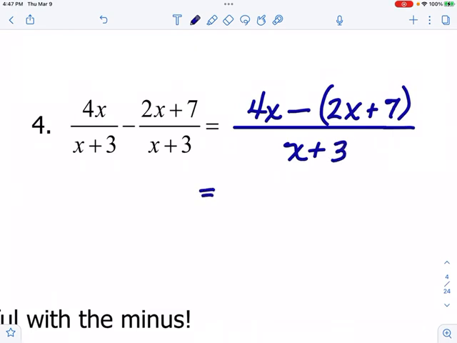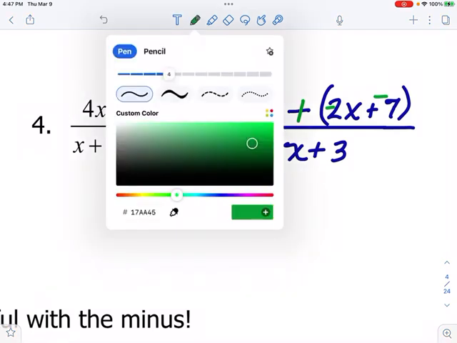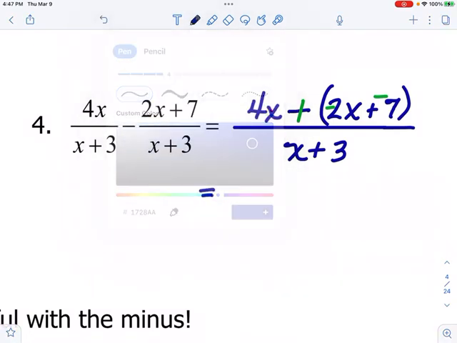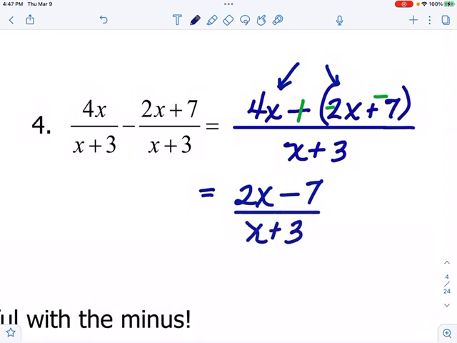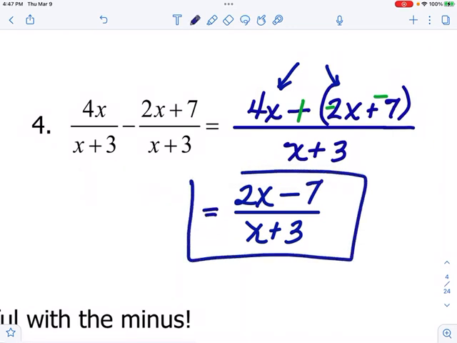Let's do the same thing we did before, and we'll do addition of the opposite. So in the numerator, 4x minus 2x is going to be 2x, and then we just have a minus 7. And in the denominator, we have an x plus 3. So our answer is 2x minus 7 over x plus 3.